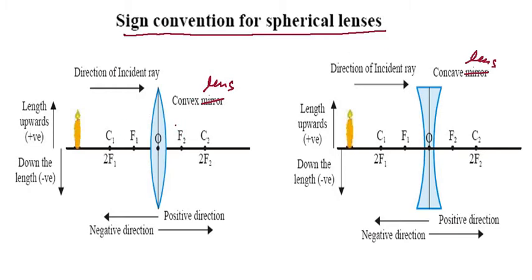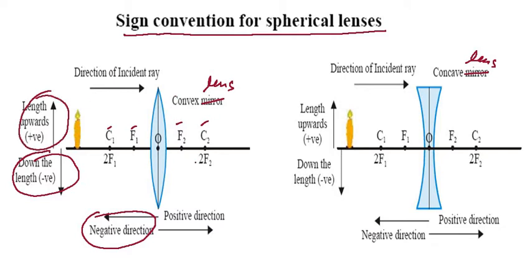Now there are the foci F2, C2, and F1 and C1. In front of the lens, that is the negative distance. Downward from the axis, that is negative, upward from the axis, that is positive, always remember, and behind the lens, that is the positive direction.